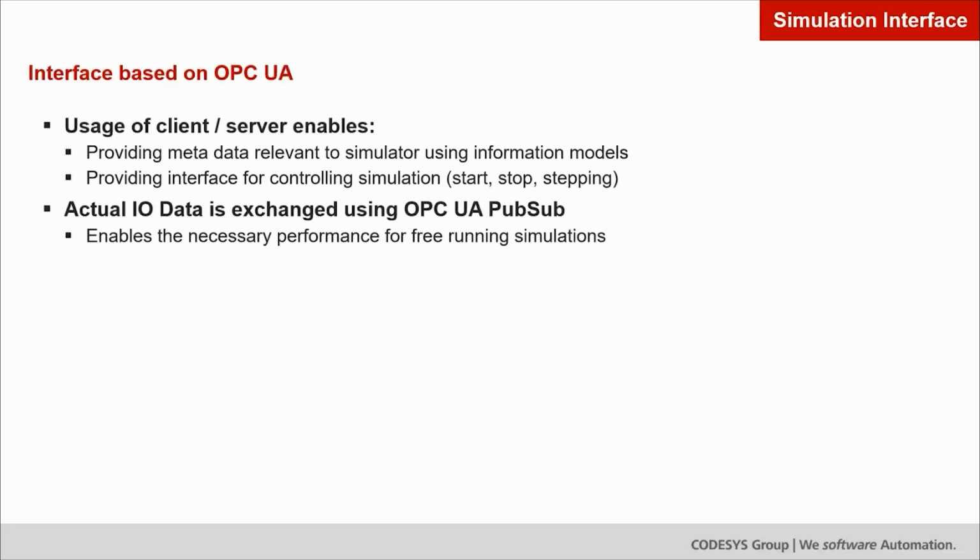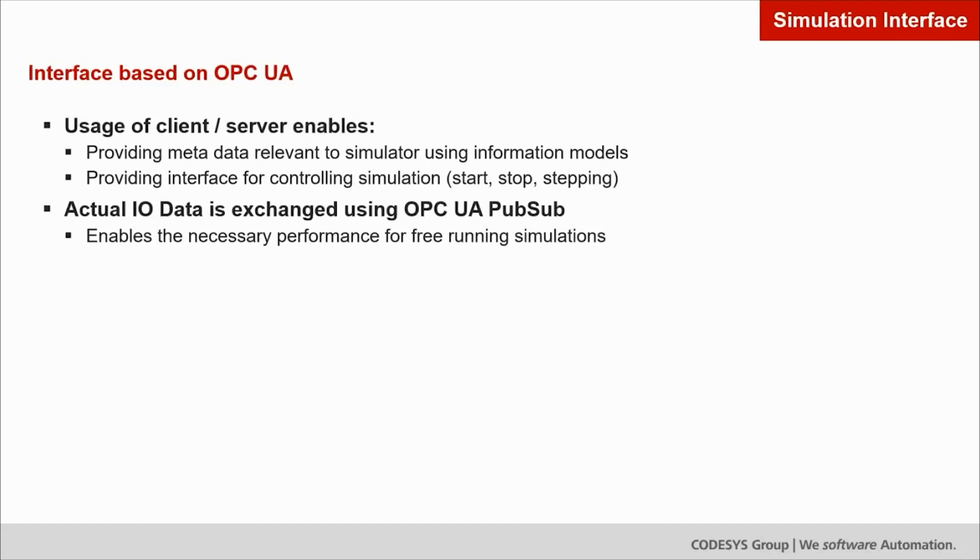For one, using client and server enables the usage of information models, and as such providing all the relevant metadata to the simulator regarding the device and I/O configuration of a certain project. Also, it enables an interface for controlling the simulation where you can start, stop, or even step it. For the cases where a free-running simulation is desired, the actual I/O data exchange can then be based on OPC UA pub/sub.